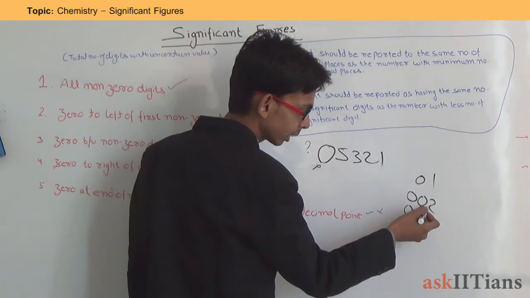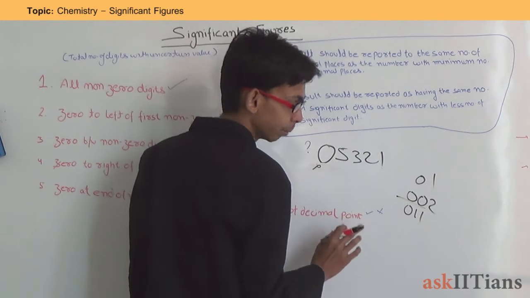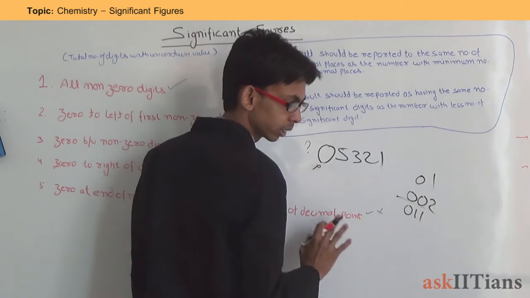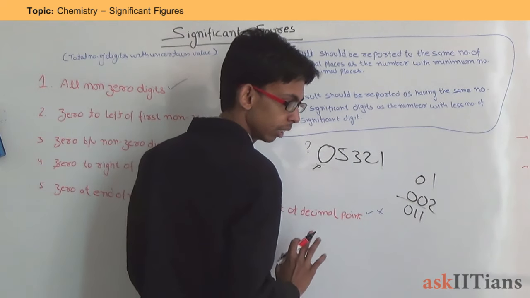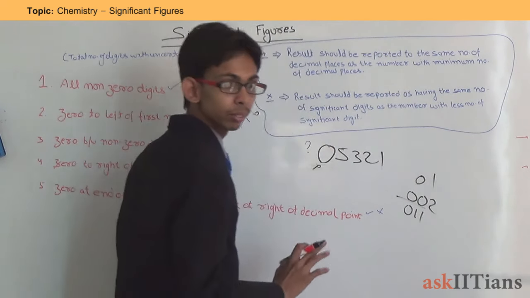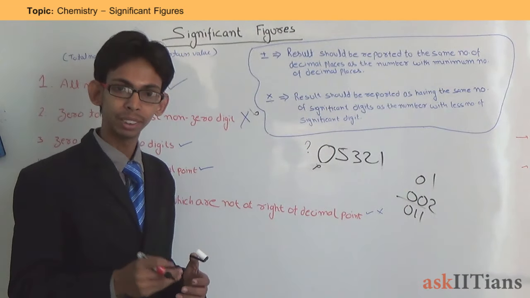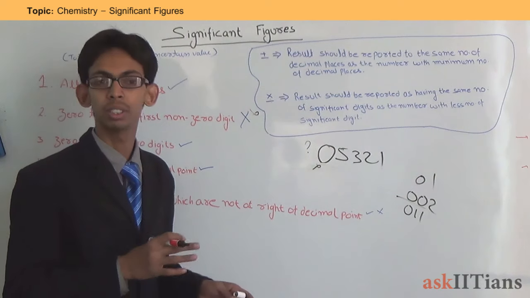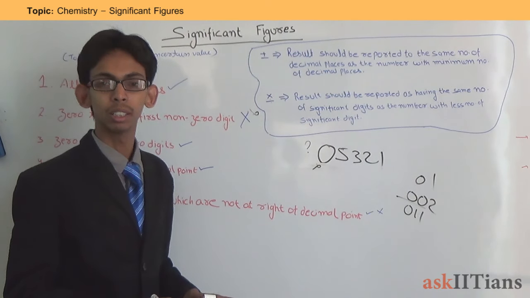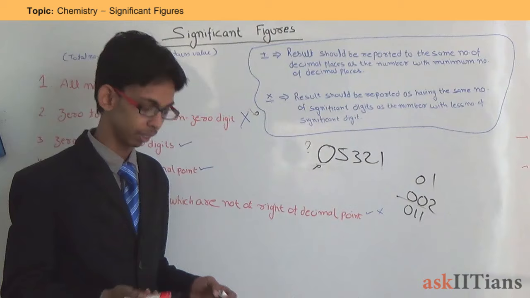That means all the 0s which come before the first non-zero digit are non-significant. All 0s on the left of the first non-zero digit will be non-significant.